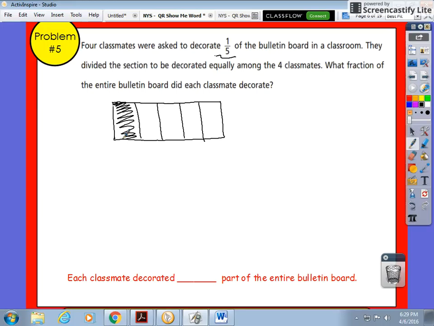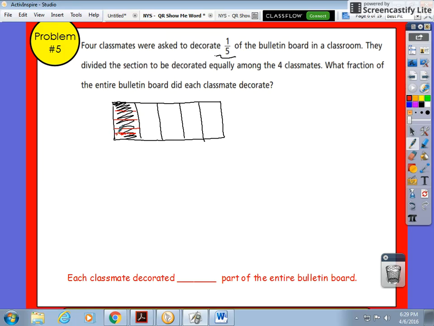They're only going to be decorating a part of it, and then each one of them is going to decorate part of that part. So what we need to do is take that 1/5 and divide it into the 4 pieces that the classmates are going to decorate. If I divide it into the 4 pieces, we can say that each one is going to decorate each one of these little pieces here.